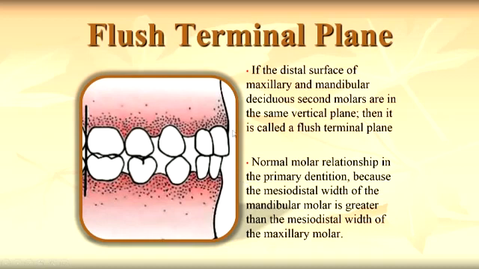Flush terminal plane: if the distal surfaces of the maxillary and the mandibular deciduous second molars are in the same vertical plane, it is called flush terminal plane. This is the normal molar relationship in the primary dentition because the mesiodistal width of the mandibular molar is greater than the mesiodistal width of the maxillary molar.